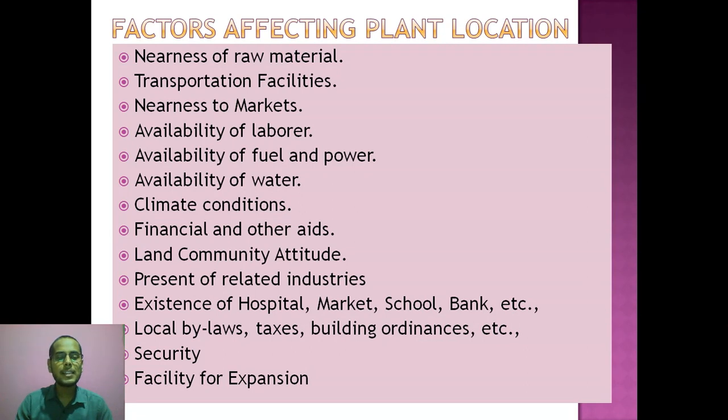Next is facilities for expansion. So these are the things that decide whether a plant can be located, whether we can set up a new plant at a particular place or not. They also decide whether the cost of production will be cheap or high.